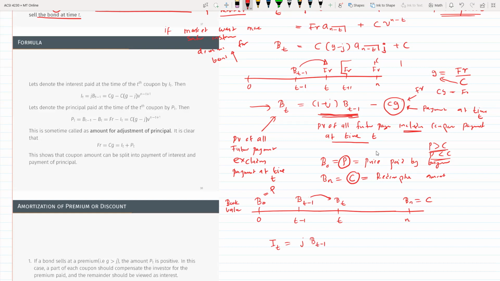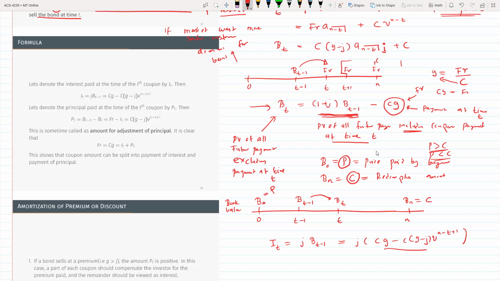Now this one we can simplify, because we know that BT minus 1 is Cg minus C times j minus g times v to the N minus T plus 1. Okay, so we can use that formula.